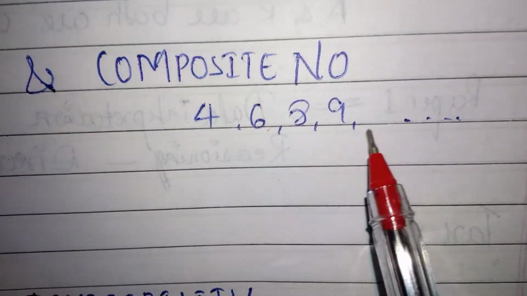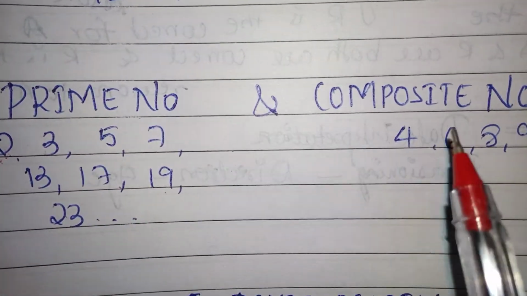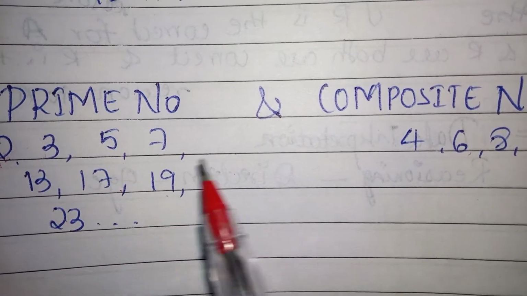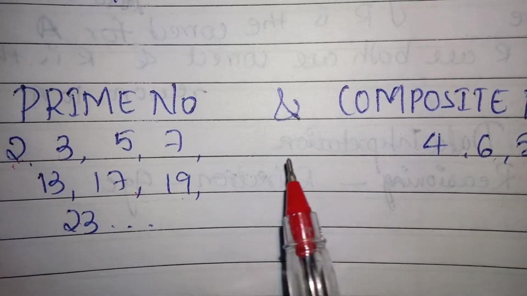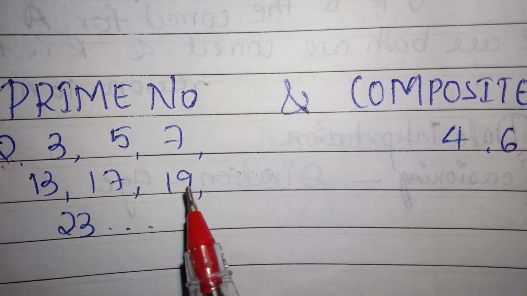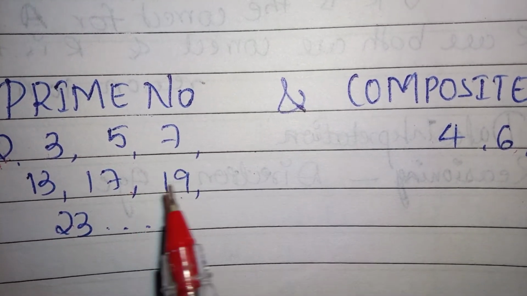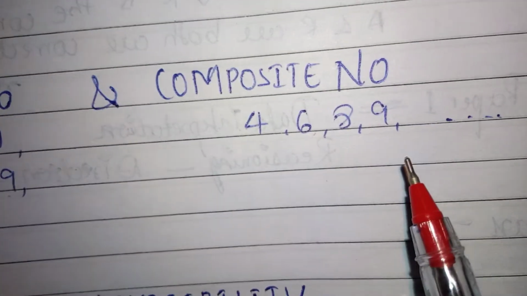There are many composite numbers and also many prime numbers. So prime numbers and composite numbers are different. They are opposites, because prime numbers cannot be multiplied by other numbers, only by the number itself, but composite numbers can be multiplied.